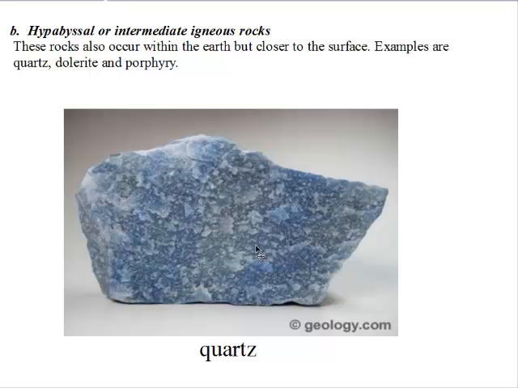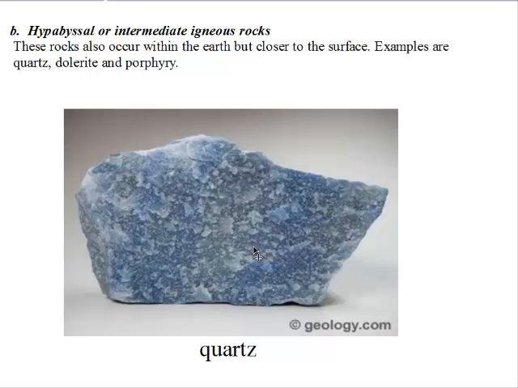How are you going to differentiate between the hyperbyzar and the plutonic? Remember we said with the plutonic, magma cools deep down the earth crust, but with the hyperbyzar, magma cools and solidifies closer to the surface.